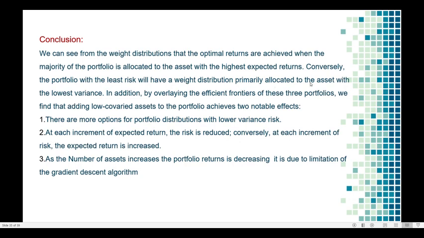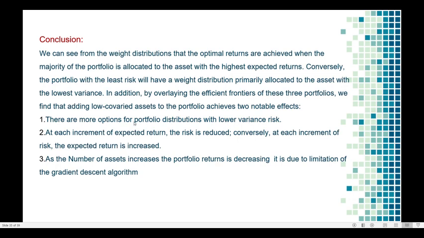In addition, by overlaying the efficient frontiers of these three portfolios, adding a low covariance asset to the portfolio means there are more options for portfolio distribution with a lower risk.